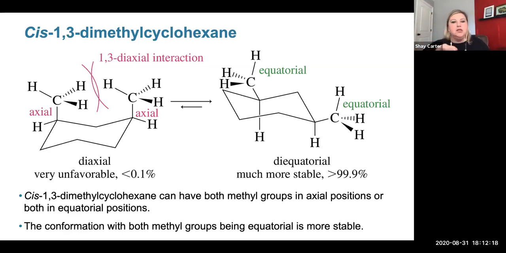This is something you kind of have to get in your brain, and we can talk more about this in class. So here, these are in cis, so they're both on the same face of the ring, and they're one carbon apart. So they can both be axial or they can both be equatorial. If they're in cis and only one carbon away, one will be axial and one will be equatorial.